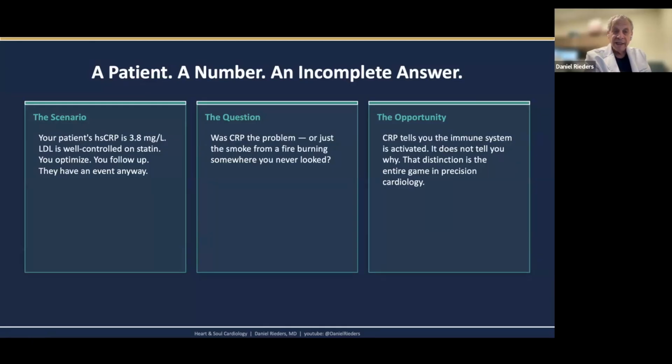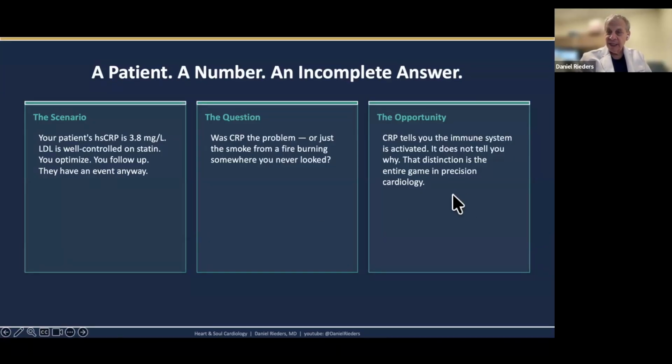Please note that a statin can decrease your CRP. So what do you do? Where do you go? So it's CRP, HSCRP says there's a fire going, and it doesn't tell us where the fire is, and that's up to us to figure that out.